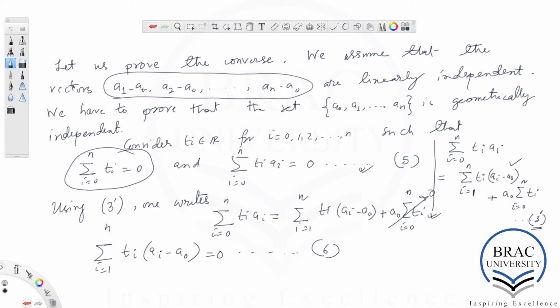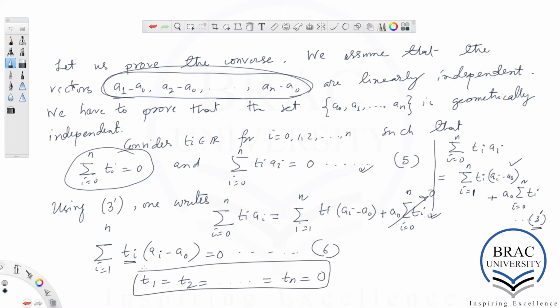And so the equality given by equation 6 then implies that all these scalars are identically 0. Since these vectors are linearly independent, we must have t1 equal to t2 all the way up to tn equal to 0. And we know that the sum of all ti's is equal to 0, so t0 has to be 0 as well.